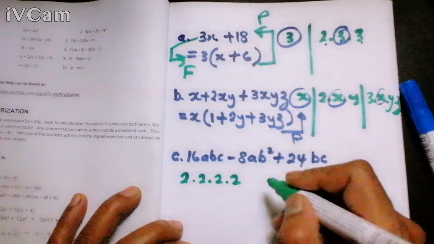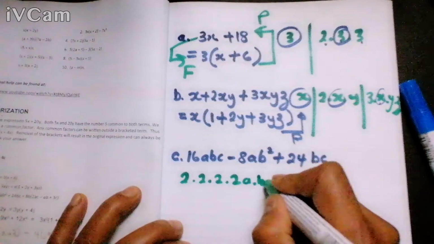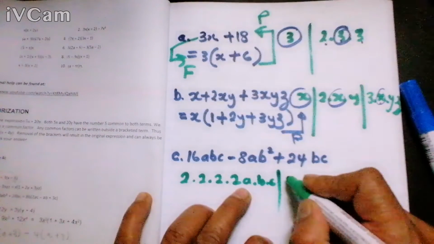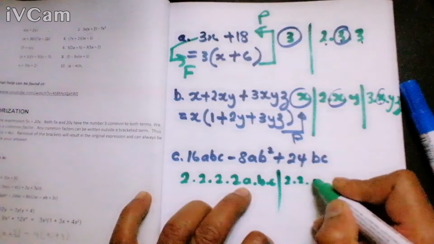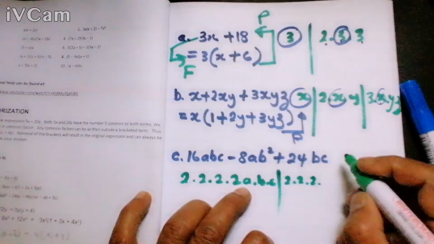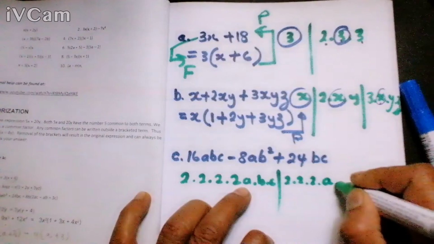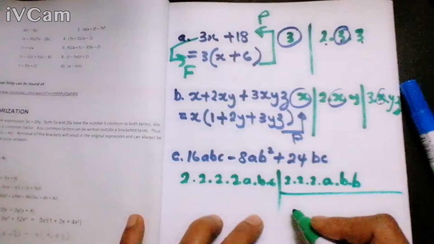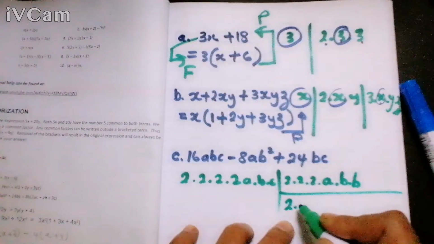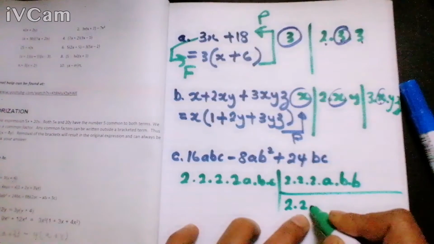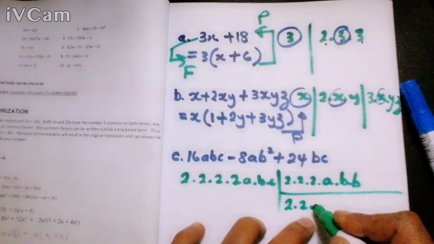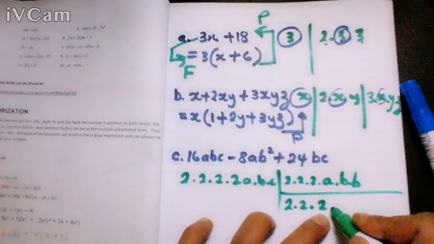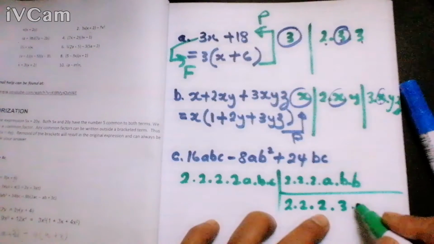And that's going to be ABC. 8 is going to be written as 2 times 2, which is 4, times 2 is 8, and that's going to be A times B times B. And 24 is going to be written as 2 times 2, which is 4, times 2, which is 8, times 3, which is 24, times B times C.